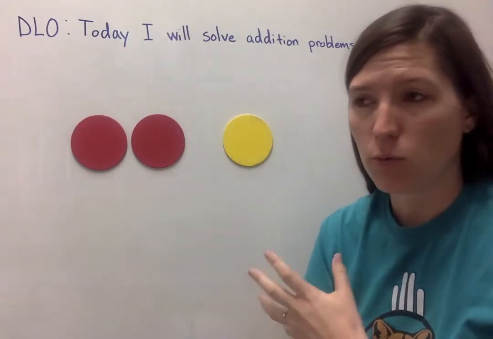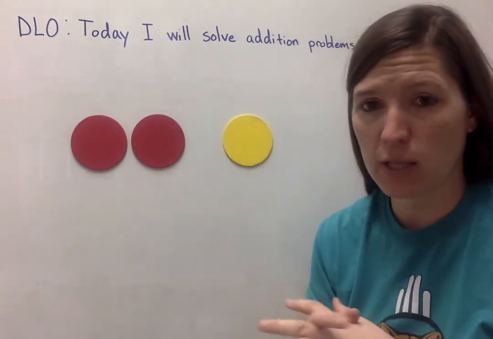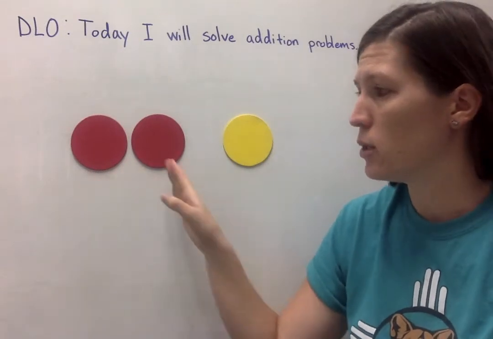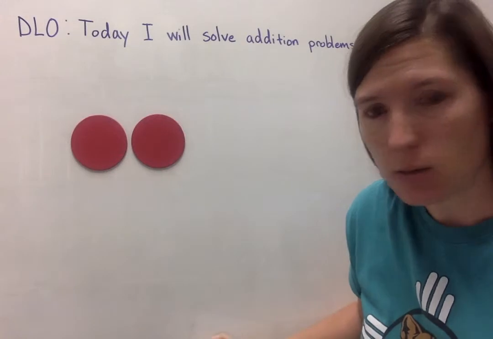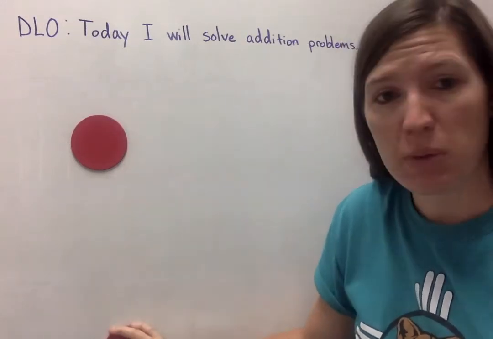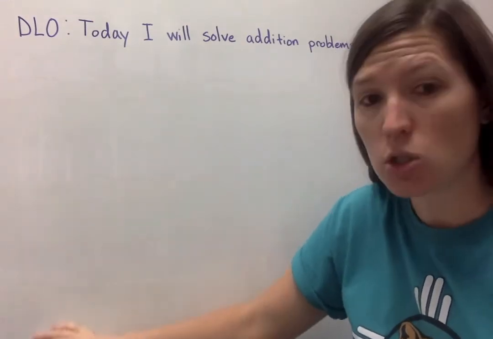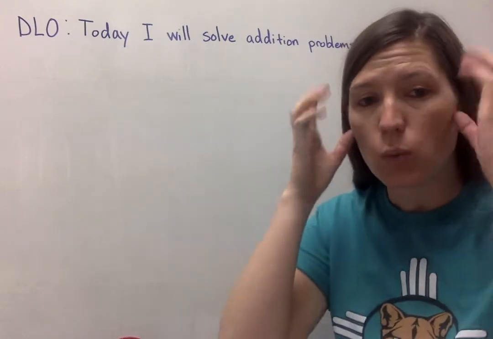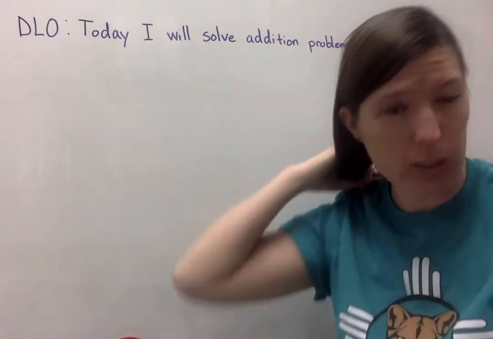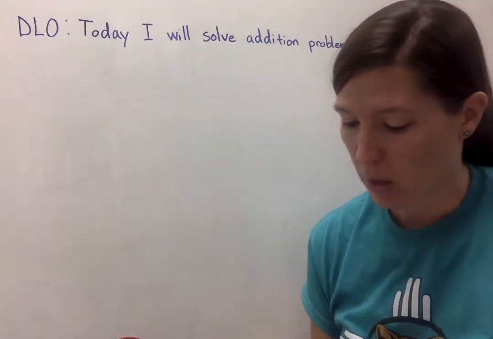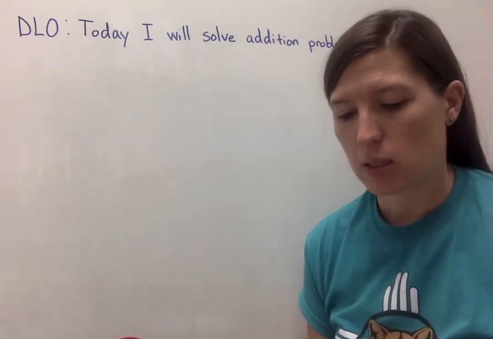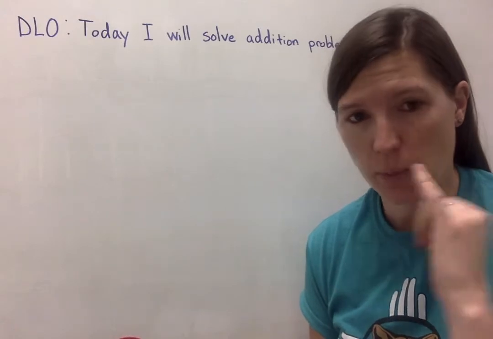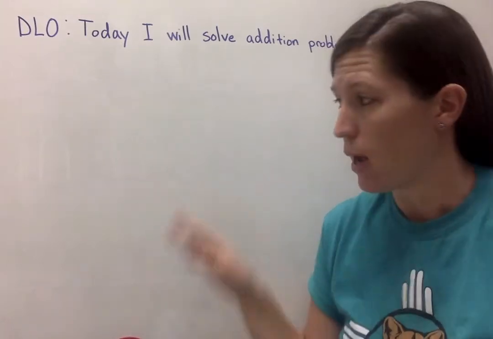How much fruit do I have altogether? 1, 2, 3. Listen to the details. Have your helper repeat the story if you need to. We're going to do a lot more stories coming up. They're called story problems, but listening to how many of what objects, and then you can build it.